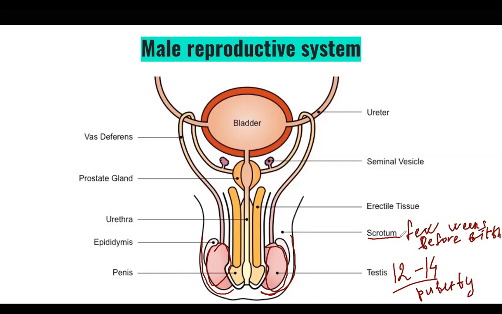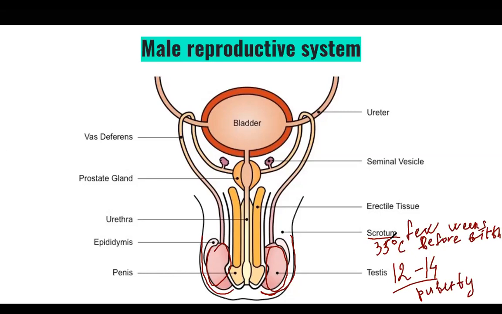The temperature in the scrotum is maintained at 35 Celsius degrees. At this temperature, meiosis can occur to produce sperm cells. So meiosis does not occur properly in males at normal body temperature. Our normal body temperature is 36.6 Celsius degrees, yeah, you know.